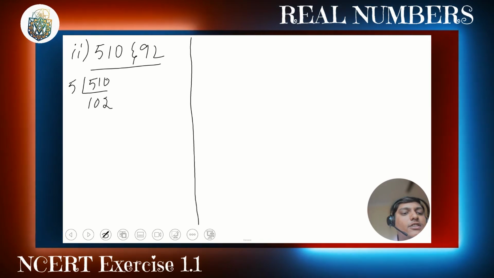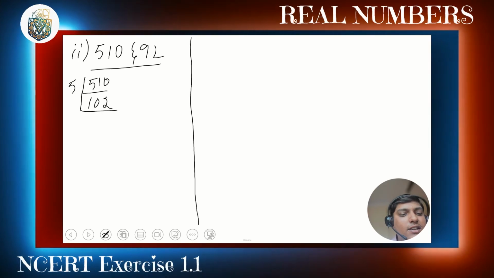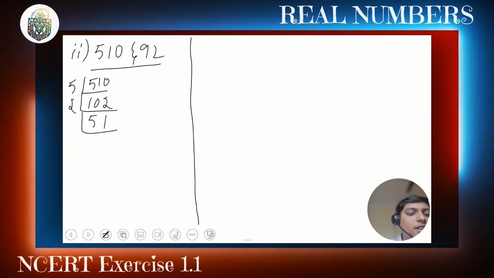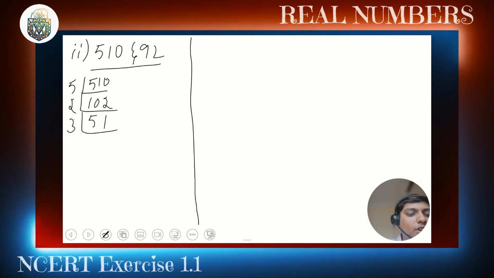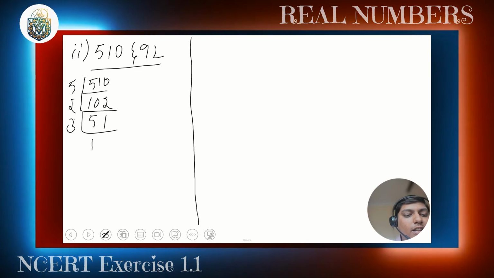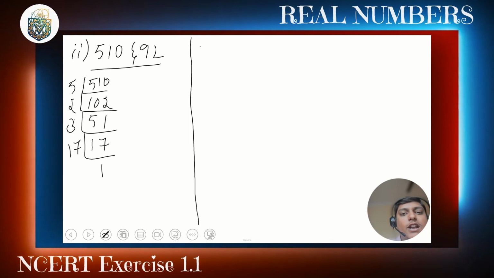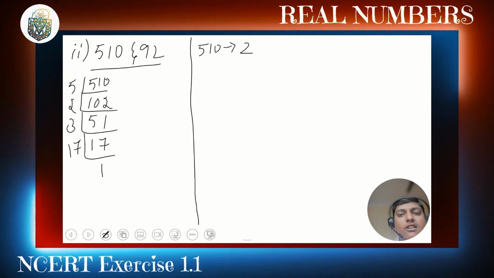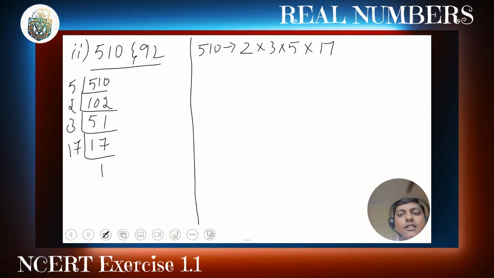So 5 102s are 510. Then 102 is 2 51s, then 51 is 3 17s, and 17 1s are 17. So if I write 510 in ascending order, it is 2 into 3 into 5 into 17, correct?